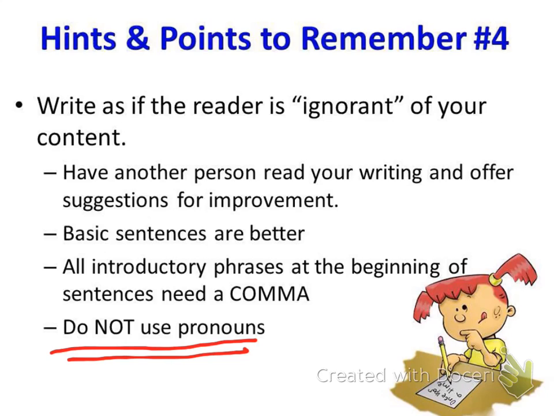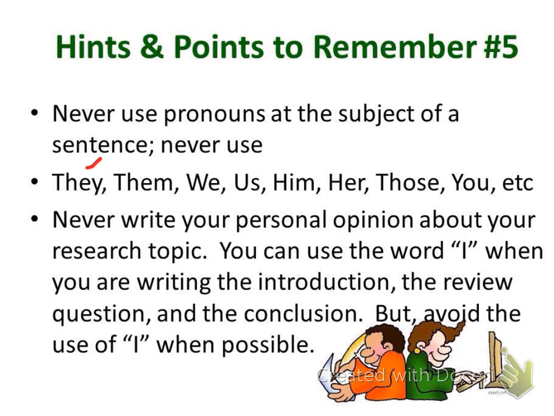So a comma after the introductory phrase at the beginning of sentences. And then I've underlined a double, and it'll be on the next slide. Do not use pronouns in the literature review portion of your paper. No pronouns. Pronouns are a lazy person's writing tool. Never use pronouns as the subject of a sentence.